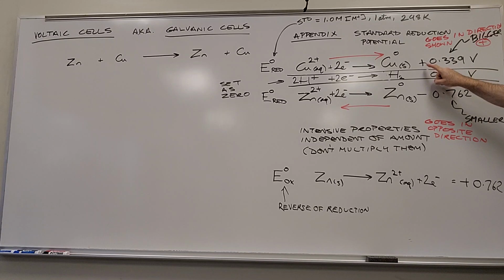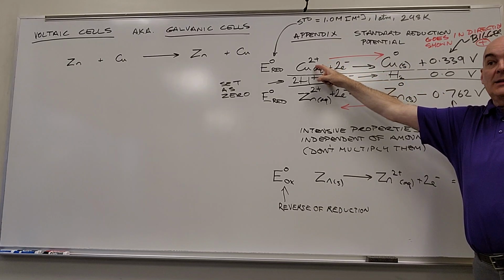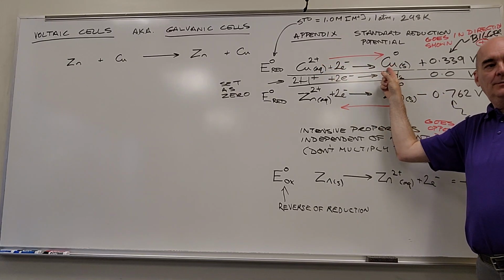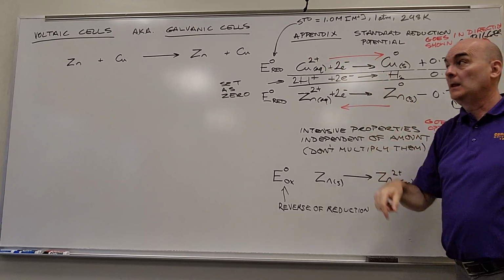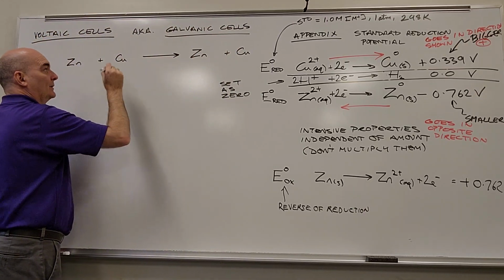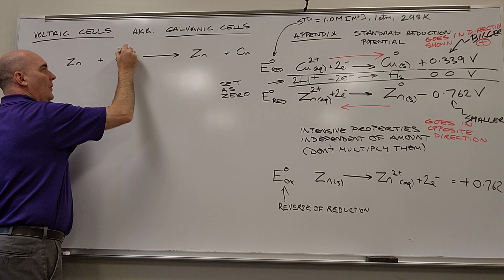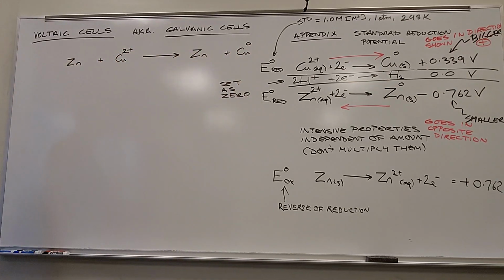That value is more positive than this value. Means this one wants to be reduced, wants to go in this direction. Metal plus electrons means a decrease in your oxidation number from +2 to 0. So that means that when zinc and copper interact with each other, the copper gets reduced.